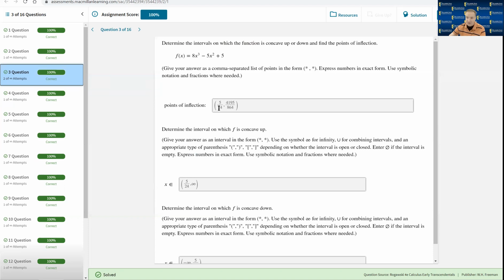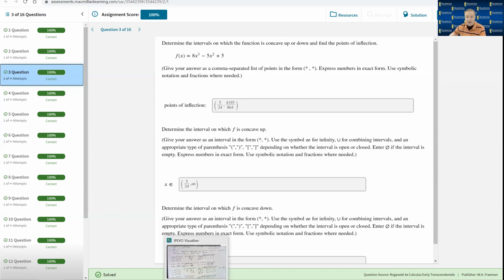That's what I didn't do in my first attempt on this problem. It wasn't that I made a mistake, it's just I didn't do that part. So please keep in mind, when they want a point of inflection as just an x value, and if you just gaze above where they do points of inflection, you can see the little parentheses with the asterisk, comma, asterisk telling you that they wanted an ordered pair, an x and a y value.